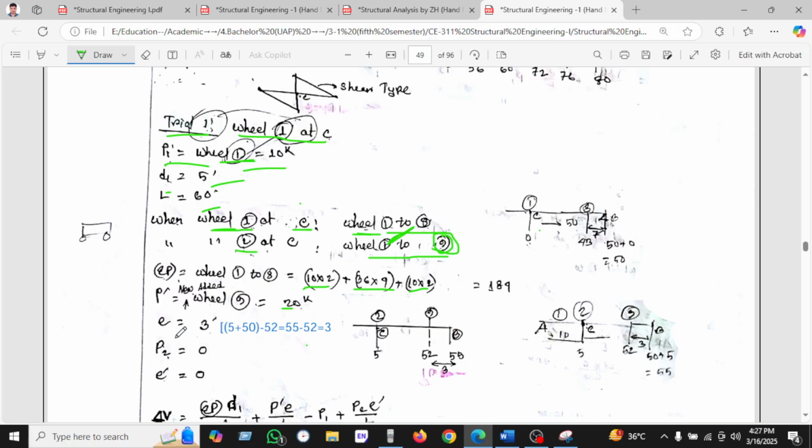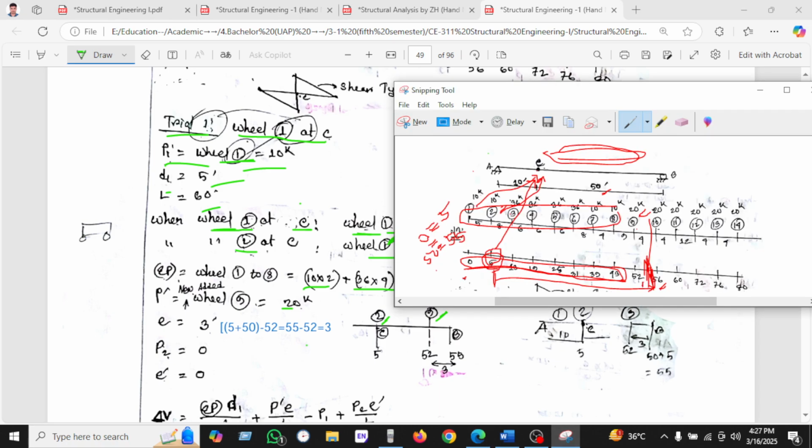And e is 3 feet. How do we get it? We have known 5 plus 50 minus 52. So we are taking wheel number 9. Here is wheel number 9. So if we set wheel 2 at C, then how far do we go?